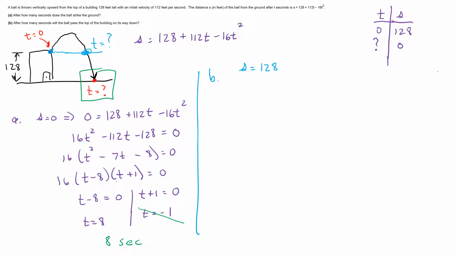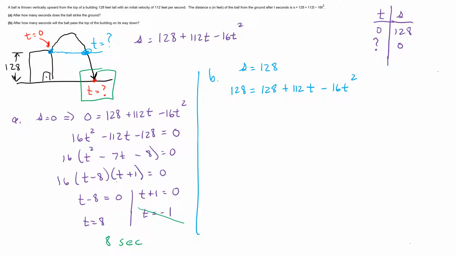So now we're going to replace S with 128. Doing so gives me 128 equals 128 plus 112t minus 16t squared.